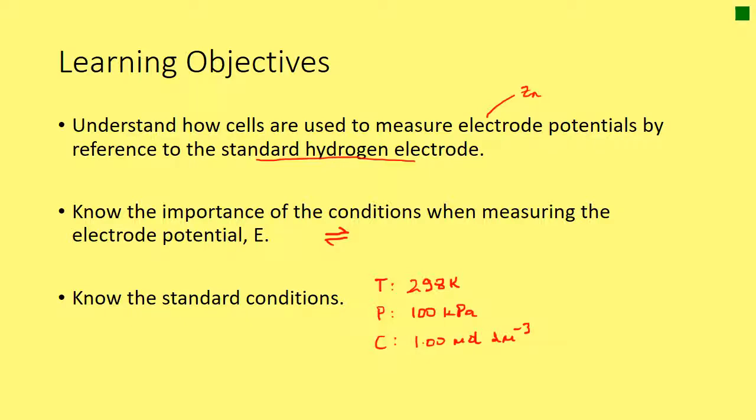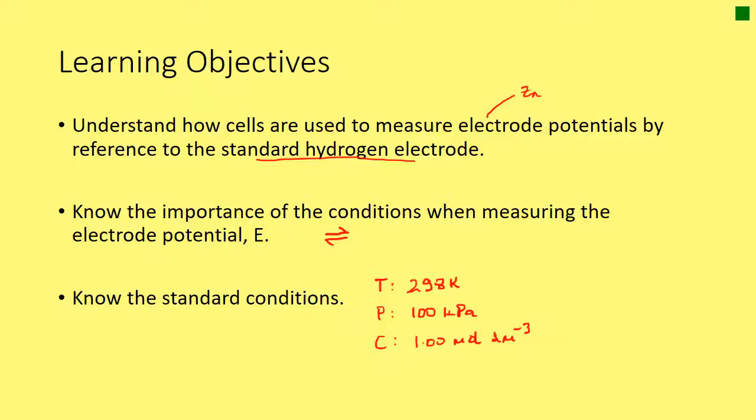And lastly, as usual, let's check we've covered off our learning objectives. The first one was that we wanted to understand how cells are used to measure electrode potentials by reference to the standard hydrogen electrode. So we spent a slide looking at the standard hydrogen electrode, and we measured the zinc half cell against it.